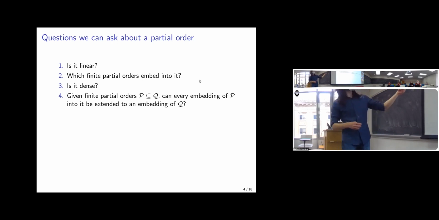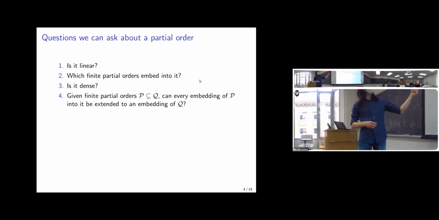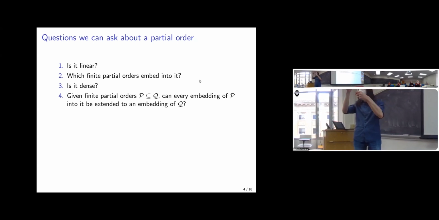Question 4 generalizes question 3 because you can take P to be the 2-element chain and Q to be the 3-element chain, so Q is a 3-element chain with an extra thing in between. You're trying to say, between two things, can you stick something in between?